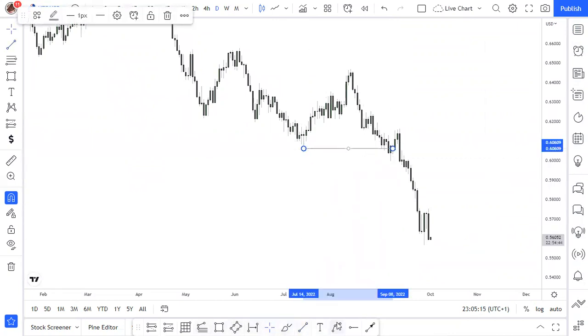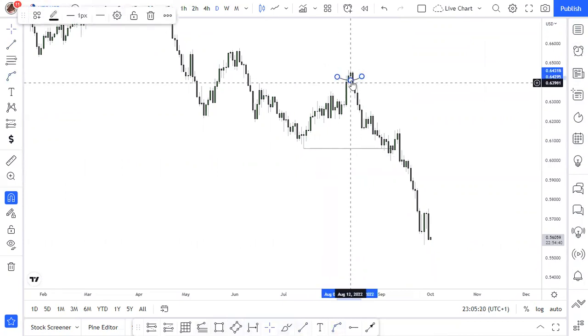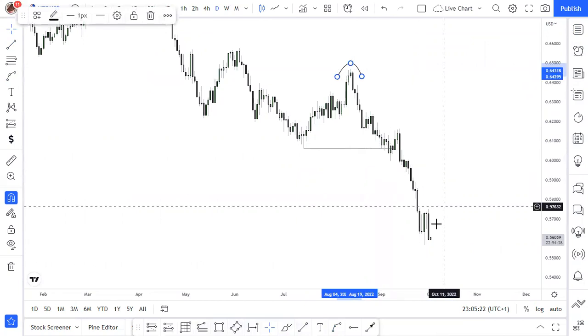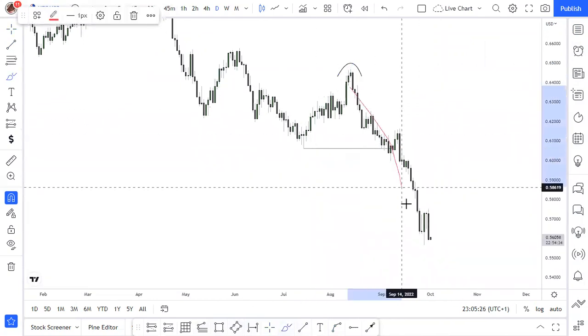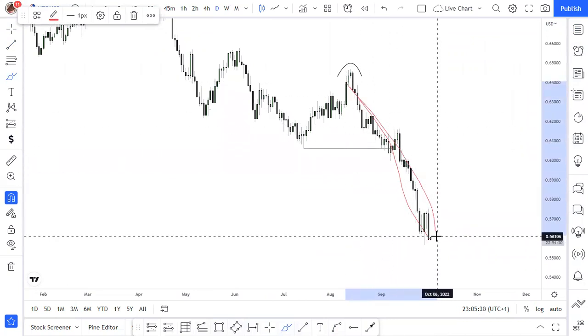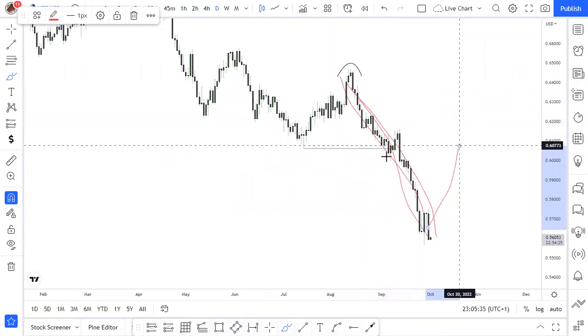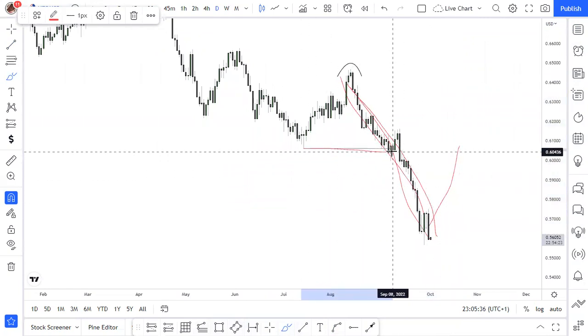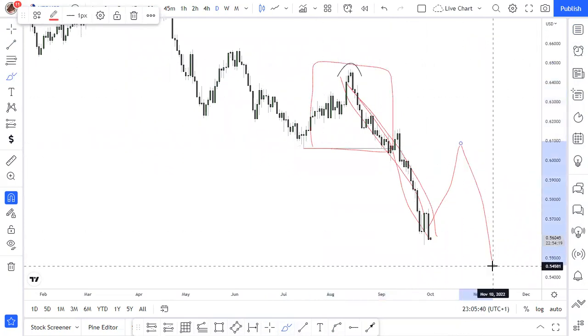To me, this is my trading range high here, and we are somewhere down here. So price is in that push phase again, the same thing as AUD/USD. So we want to see price pull back, even if it's to the bottom of this range, before continuing the bearish structure.